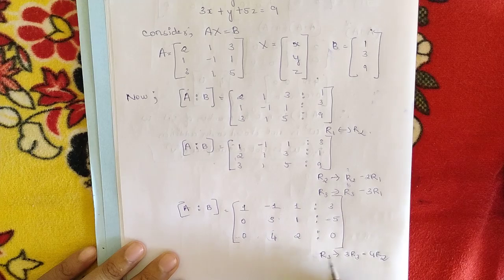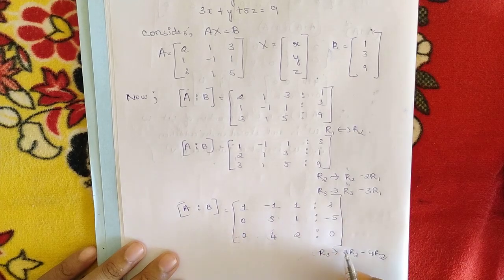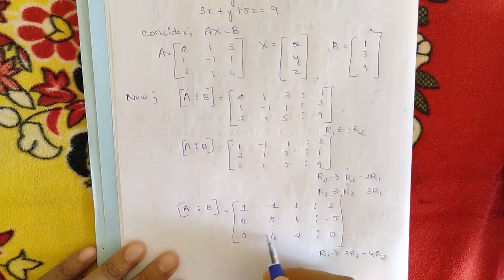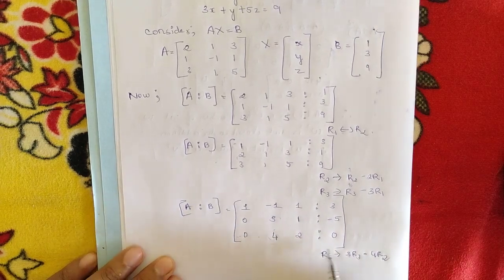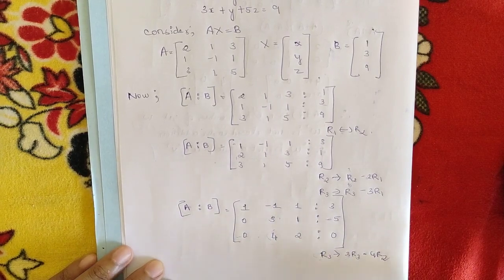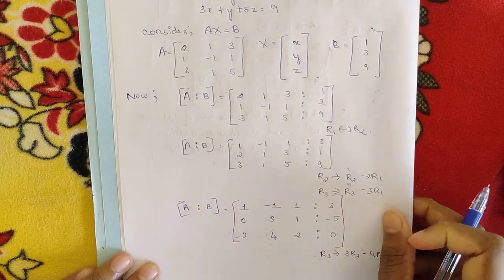Why? Because see here, if this is the R3 value, then 3 into 4 minus 4 into 3, that is 3 into 4s are 12, minus 4 3s are 12. So 12 minus 12 would be equal to 0, right? So that's why I'm changing R3 to 3R3 minus 4R2. Okay. Now the matrix would again get changed.